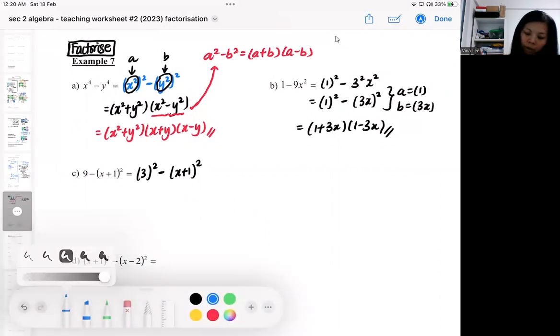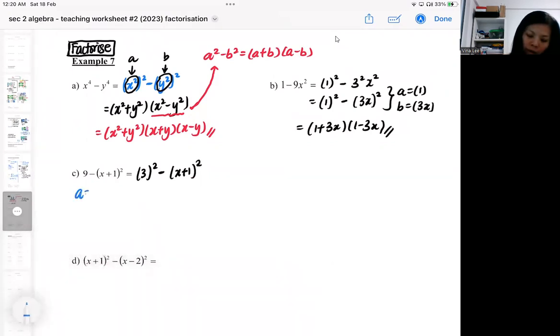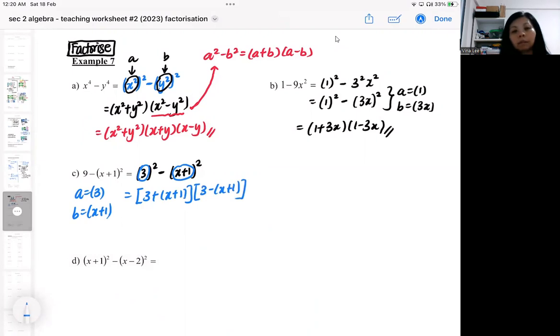So this is a situation where A is equal to 3, B is equal to X plus 1. If I return to the formula, it will be A plus B and A minus B.